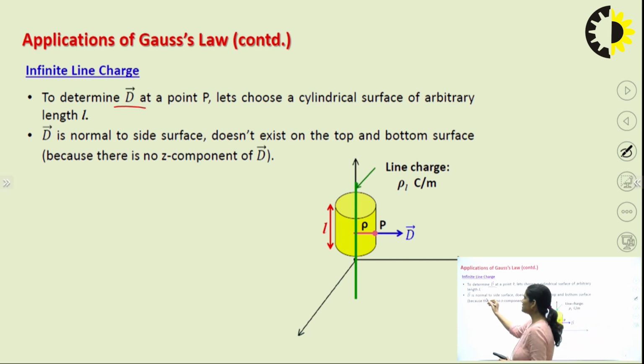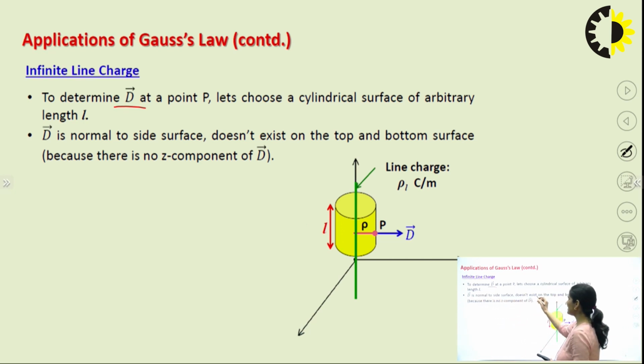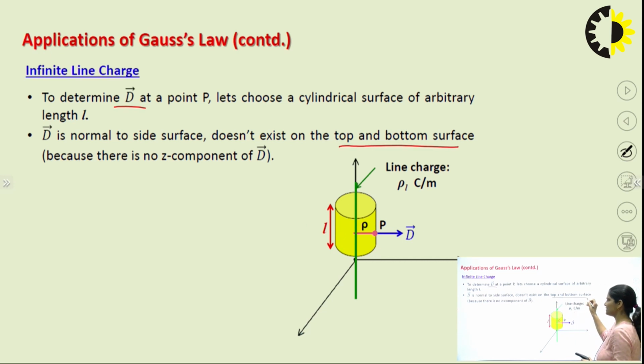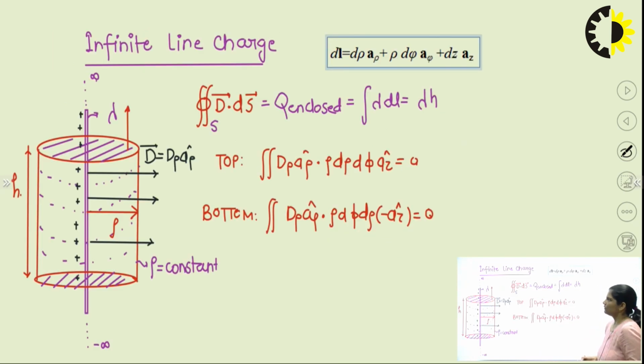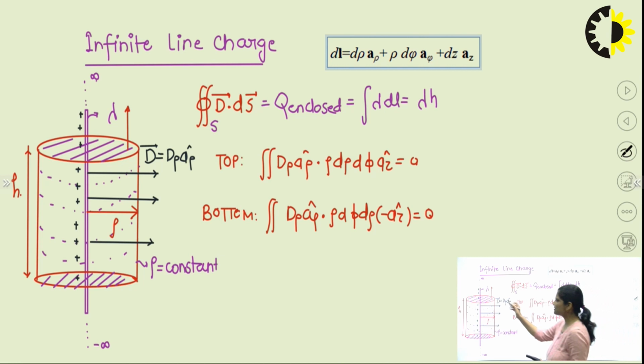Now here D is normal to the side surface, and doesn't exist on the top and bottom surface. While you are calculating D for the top surface, bottom surface and the curved surface, top and bottom it should be closed. Now let this be your figure.